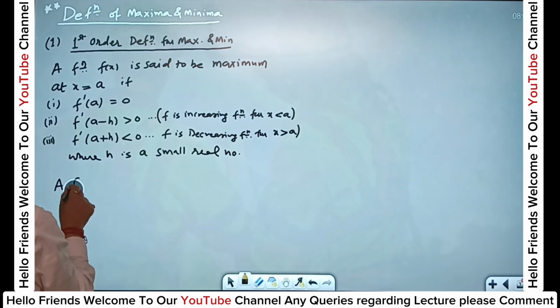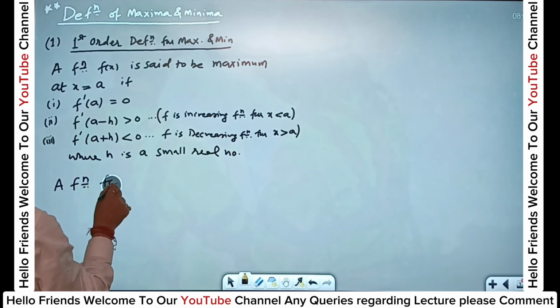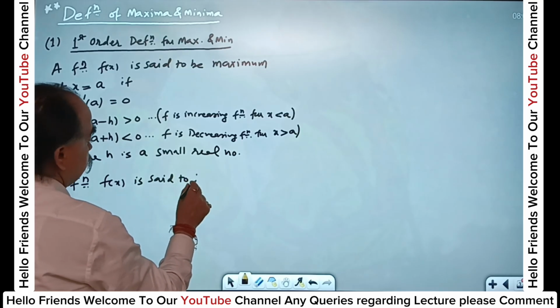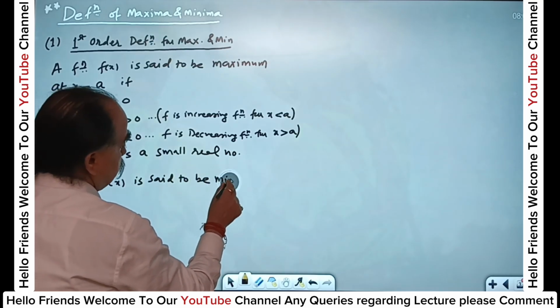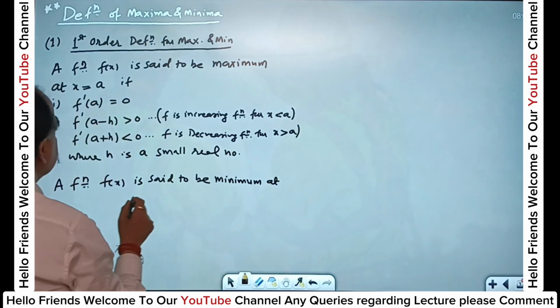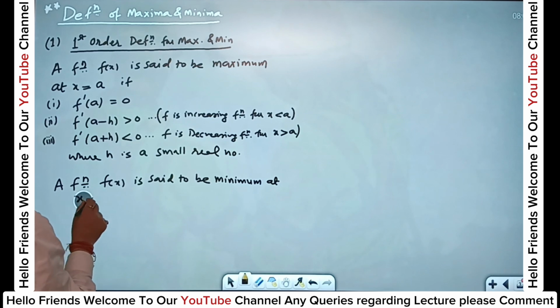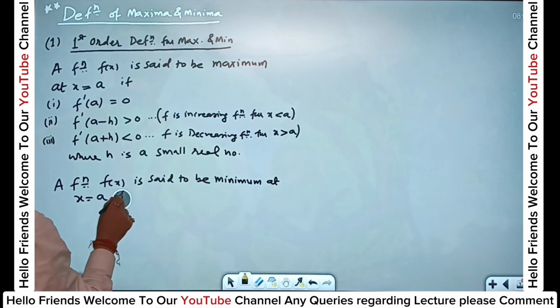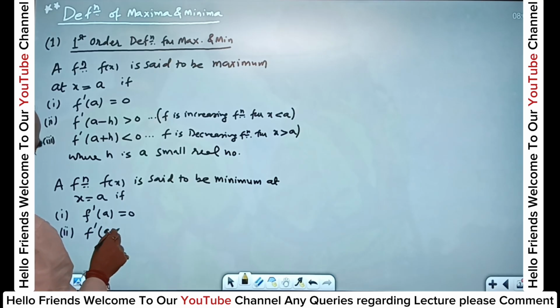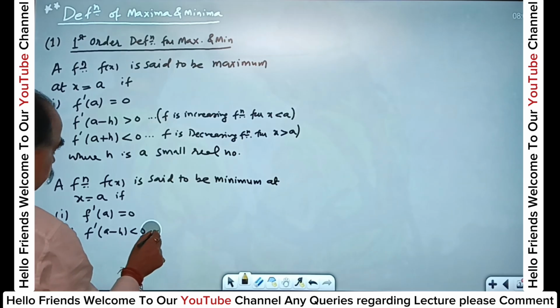Then a function f(x) is said to be minimum at x is equal to a if f dash a is 0. Number two, f dash a minus h less than 0.